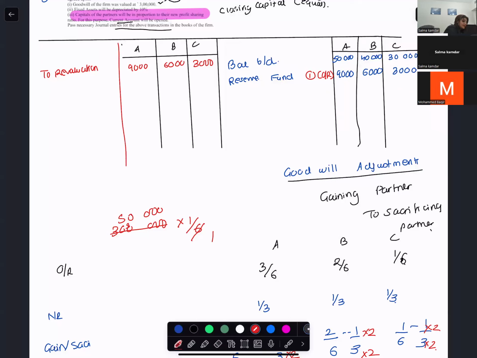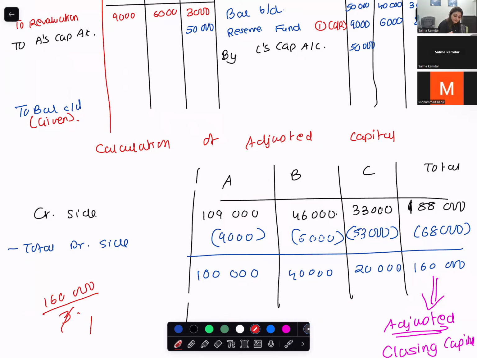Now 188 minus 68 is how much? This is 120,000. 188 is the total of the credit side.